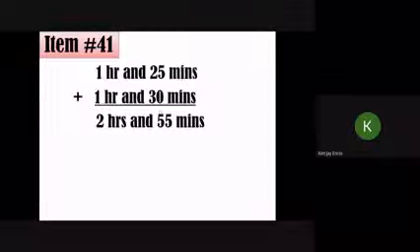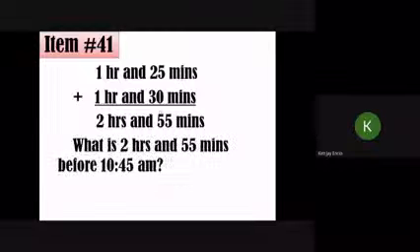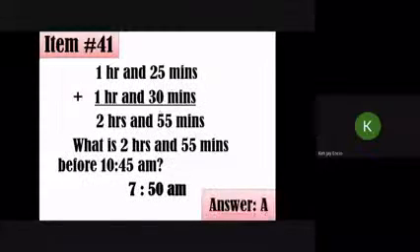Because you're asking for the departure. Your departure is before your arrival, of course, and so you have to subtract this particular time. So what is 2 hours and 55 minutes before 10:45 a.m.? That is 7:50 a.m. Letter A.